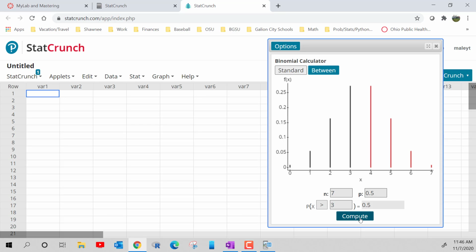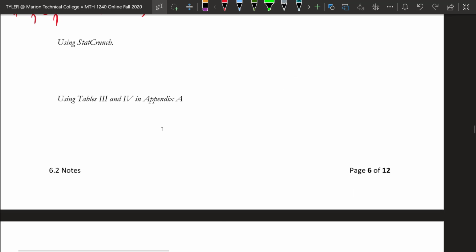Right? So if I hit compute, here's the graph of this distribution. The area I'm finding is what's in red, and that area is 0.5. That's the probability.